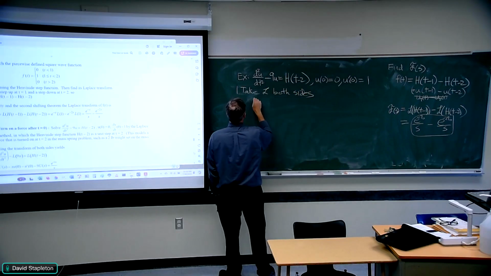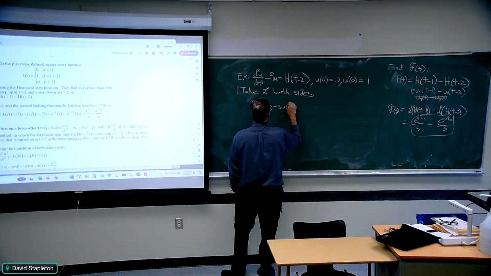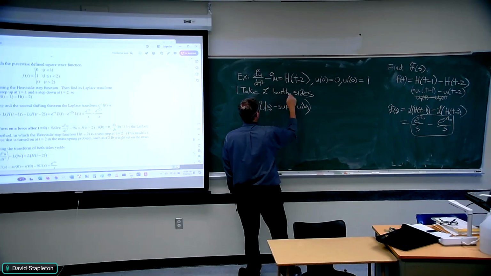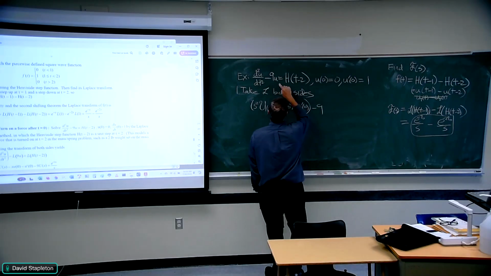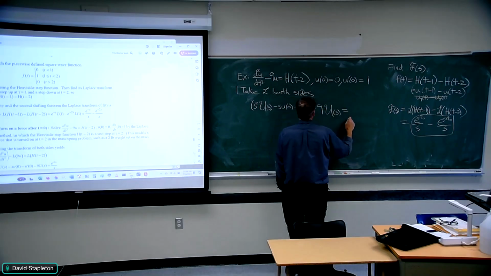The Laplace transform of the second derivative is s squared U of s, if I use capital U for the variable, minus s u of 0 minus u prime of 0. That's the second derivative theorem. Then minus 9 times the transform of u, which is just U of s, equals the transform of h of t minus 2.